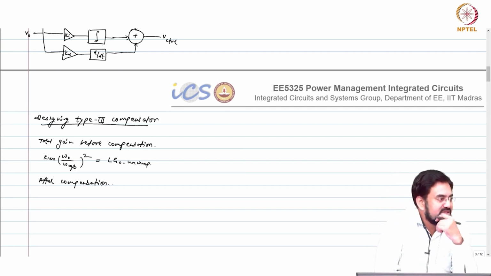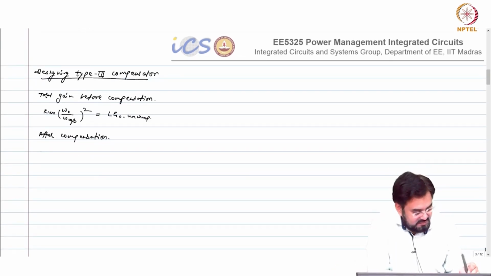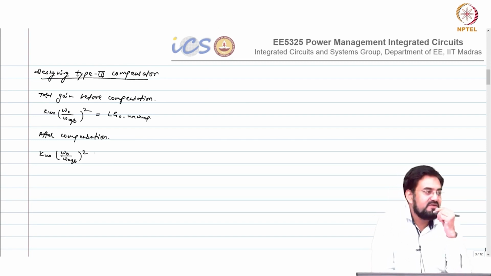So after compensation, what do we want? We want the total gain should be 1. So KU0, what extra component will you have?